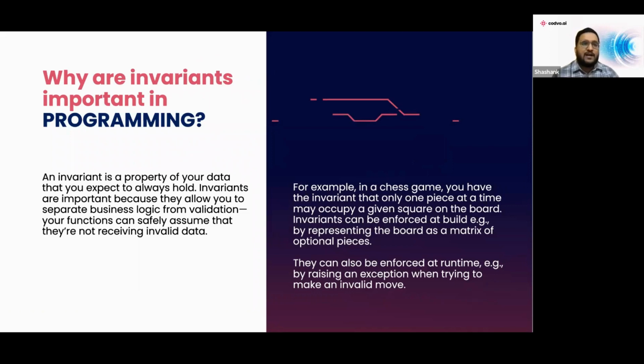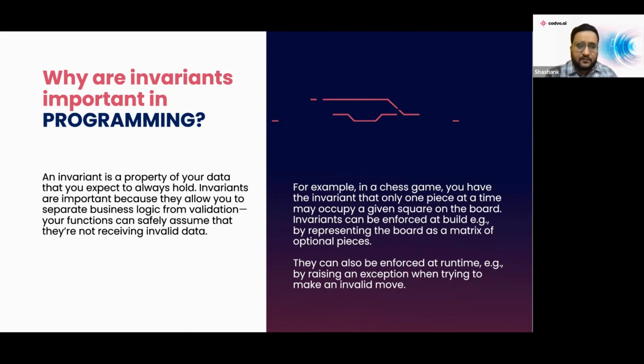So to understand why invariants are important in programming. Invariance in general is a property of your data that you expect to always hold, and it's not something which will rapidly change as computation is performed.